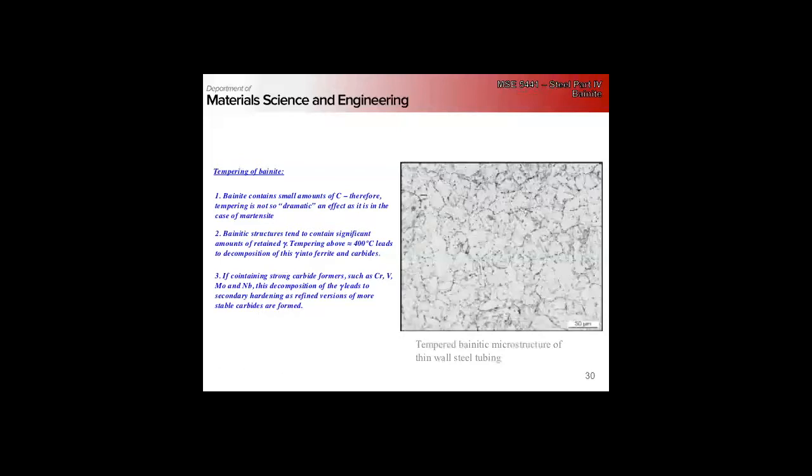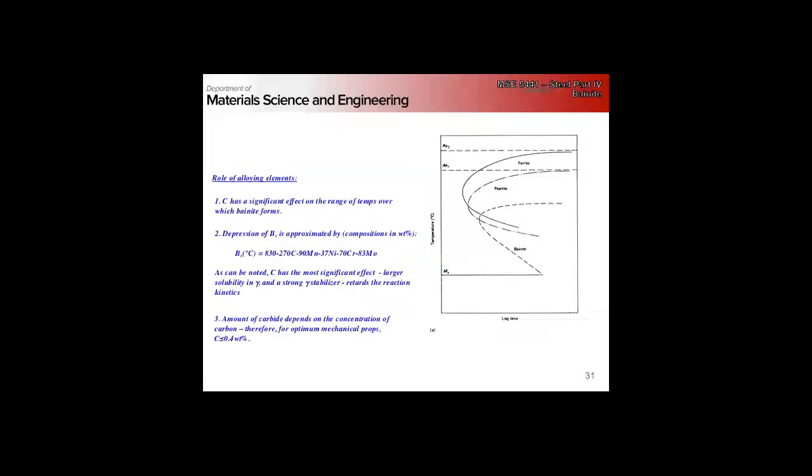We form these intermetallic carbides, right? And these are much more stable, and so we get an additional hardening, secondary hardening, that comes from tempering the bainite. And this is what the tempered bainite structure looks like, and optically, it looks like tempered martensite. You have to be really good to be able to pick out differences between these steel structures after they've been through a couple heat treatments.